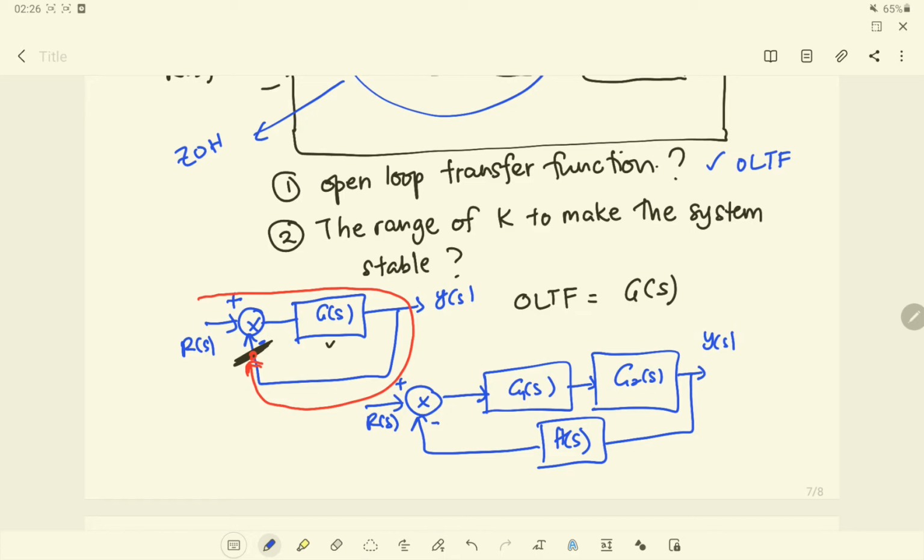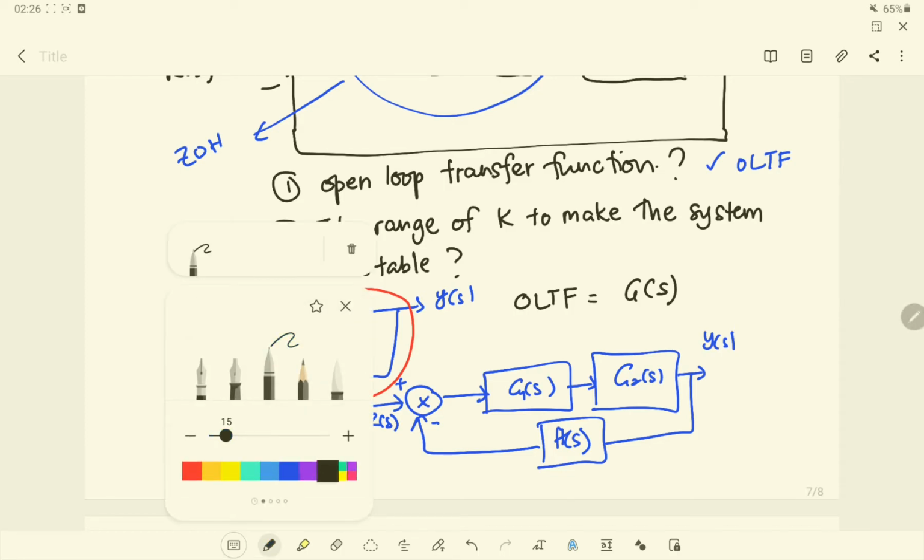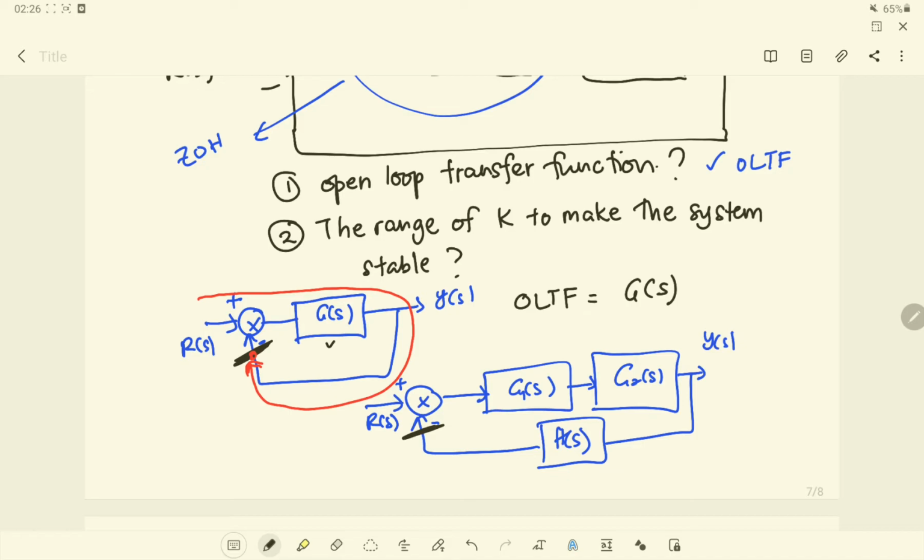What is the open loop transfer function for this particular system? First we cut the wire just before the negative sign, so we start from R(s) to this point. The open loop transfer function is equal to G1(s) times G2(s) times H(s). So here is the open loop transfer function.